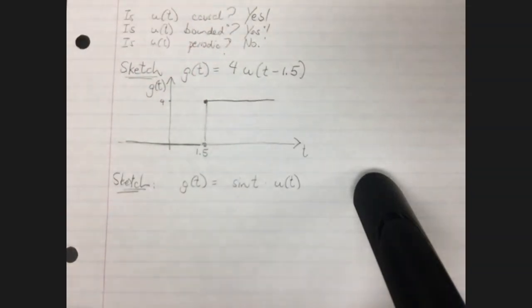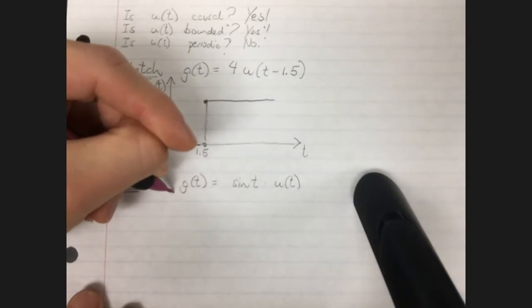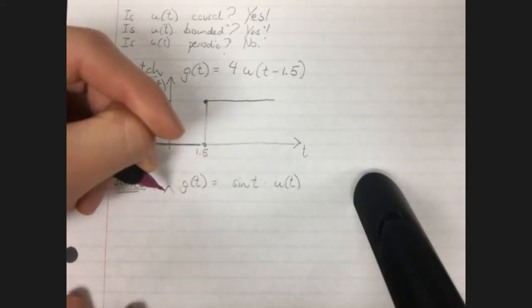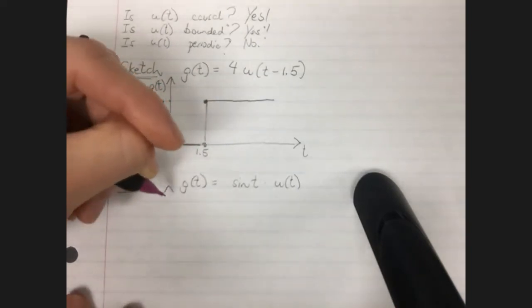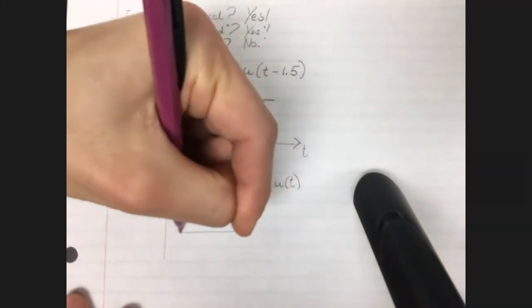Great. So think of this one. g of t is now sine of t times u of t. And just to help you out, I'm going to show you what sine of t versus t looks like.